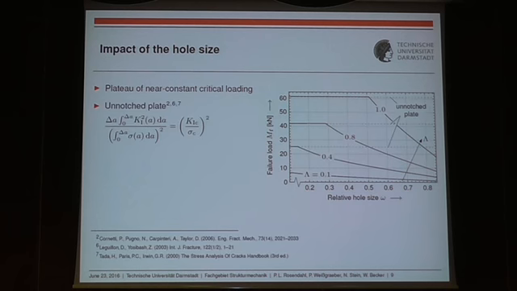In that solution, we can actually recover the solution of the unnotched plate, which we can write in this form using stress intensity factors from handbooks in a semi-analytical manner, which actually also has been done by numerous authors before. But it's a nice result that there seems to be a critical hole size below which the solution for an unnotched plate is valid for the notched plate.